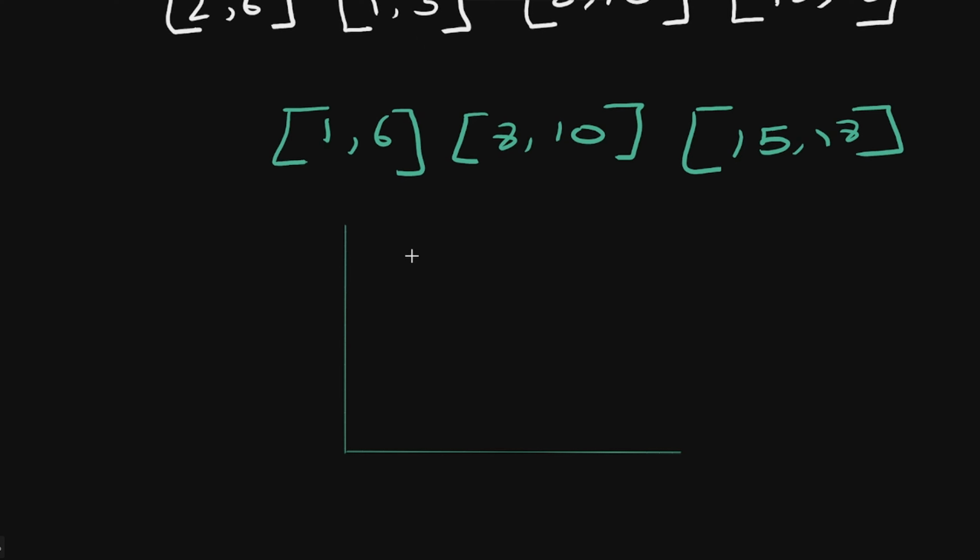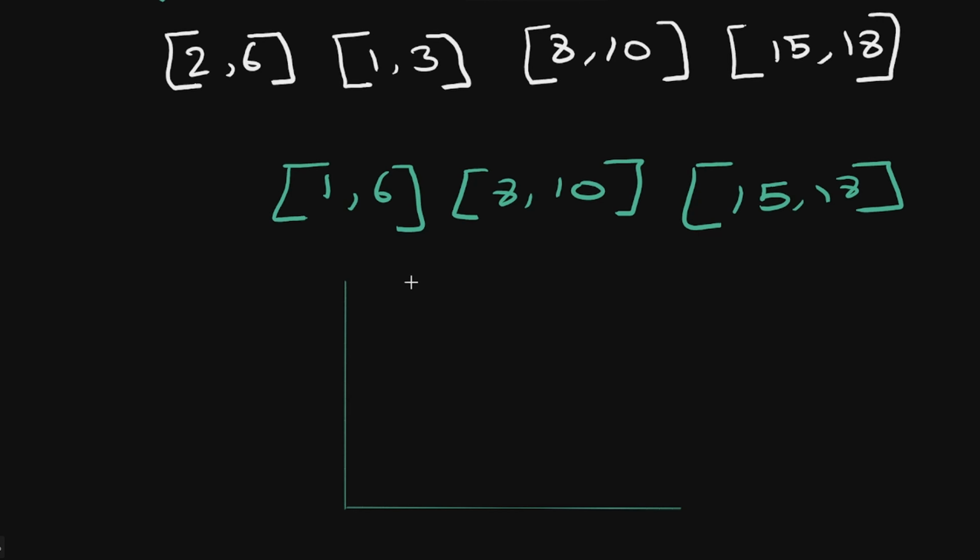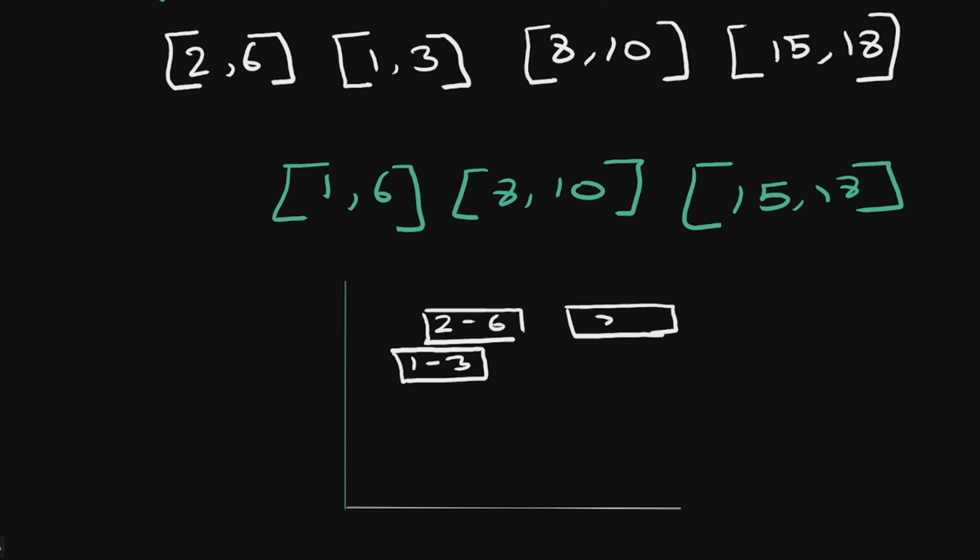So if we put these items in our graph, we'll basically get something like this, where this would be 2 comma 6, and then 1 comma 3 would be here, and then this would be 8 comma 10, and then we'll have like 15 comma 18 here.